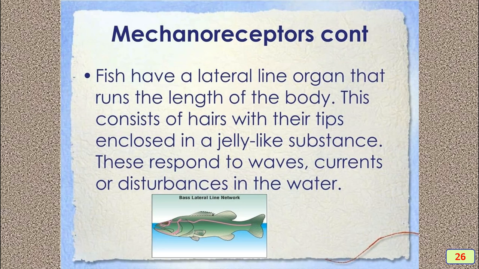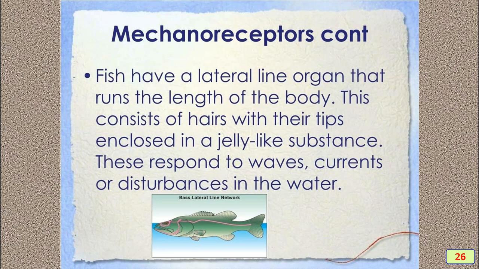It consists of hairs with their tips enclosed in a jelly-like substance, and these respond to waves, currents, or disturbances in the water. Accordingly, they sense and change the direction of their movement and escape out of danger.